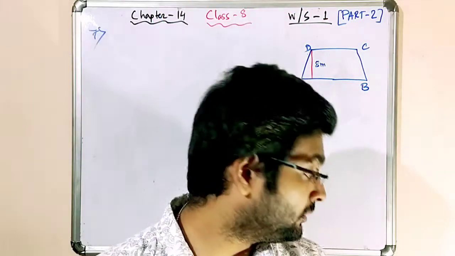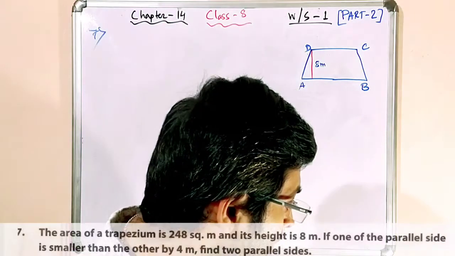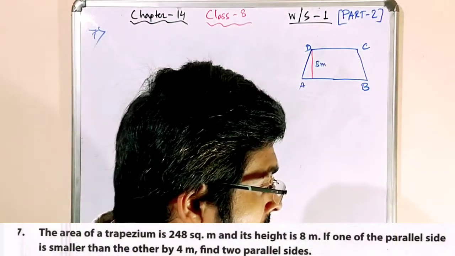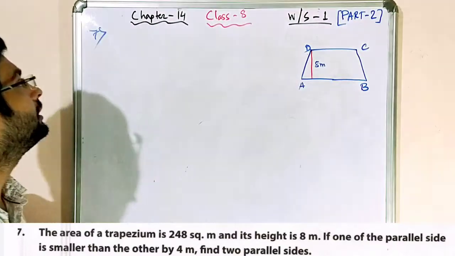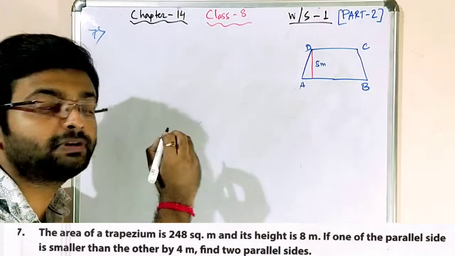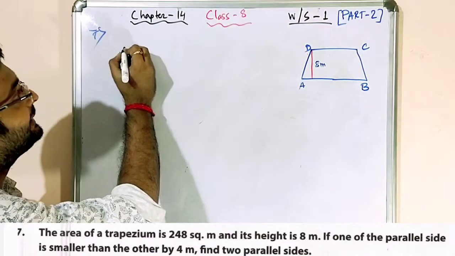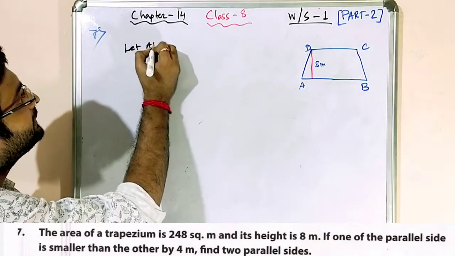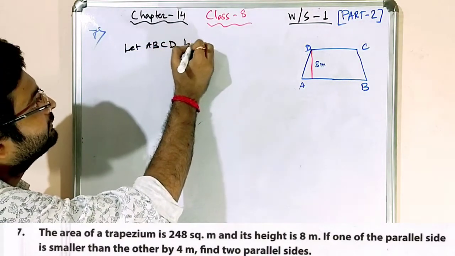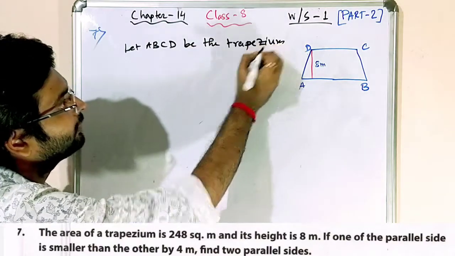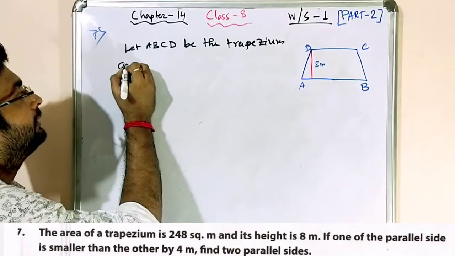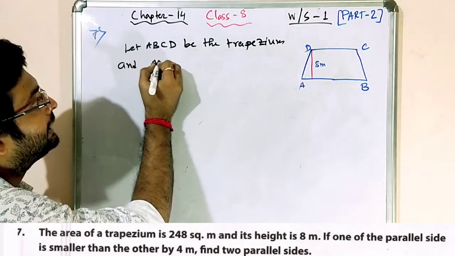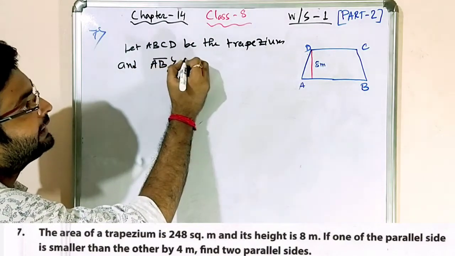Now question number 7. It is told, the area of a trapezium is 248 square meter. So let ABCD be the trapezium, and AB is greater than DC.